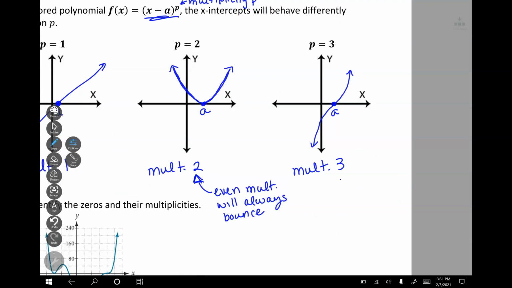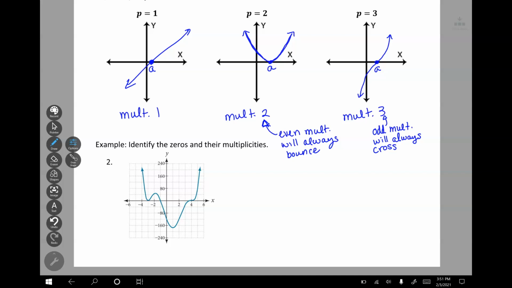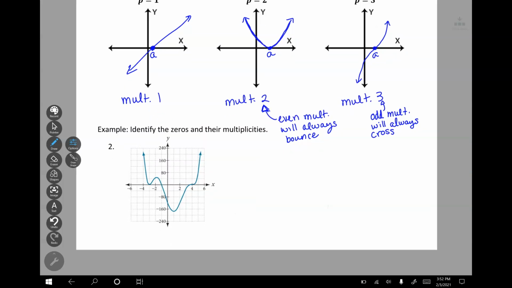Odd will always cross. Although the larger odd numbers you get, the more flat it's going to be at that point, the more curved it's going to be at that point, versus just a 1 there, multiplicity of 1, which just goes straight through. It has no reaction to that point at all. It just goes straight through.